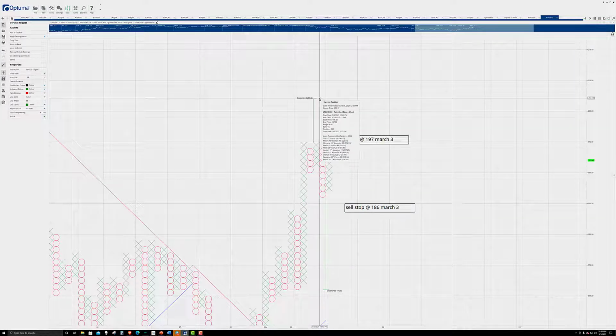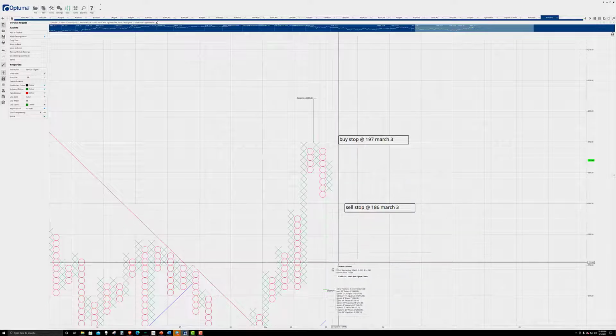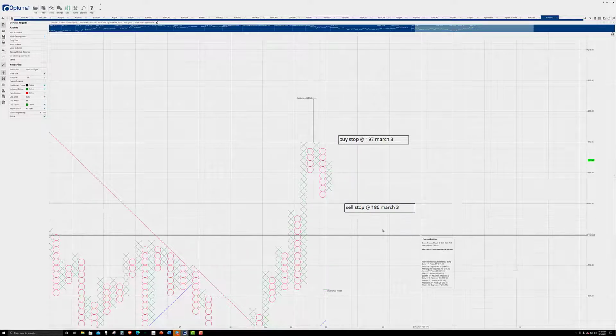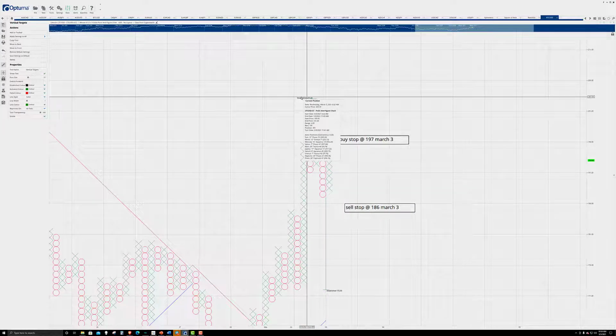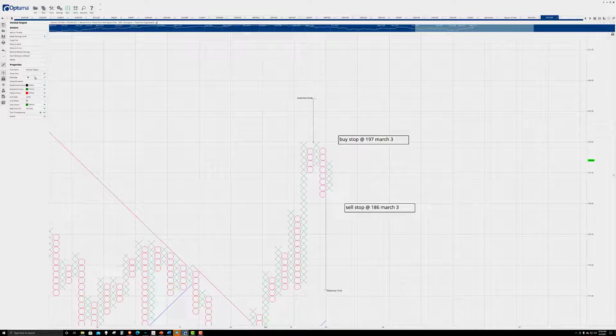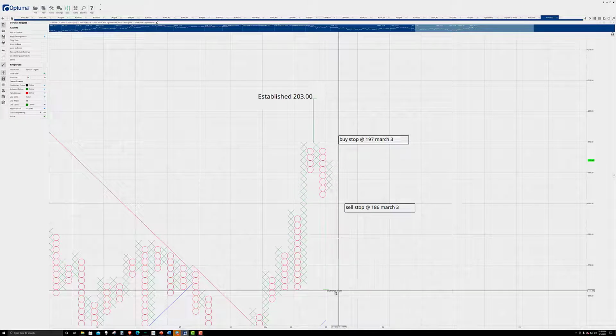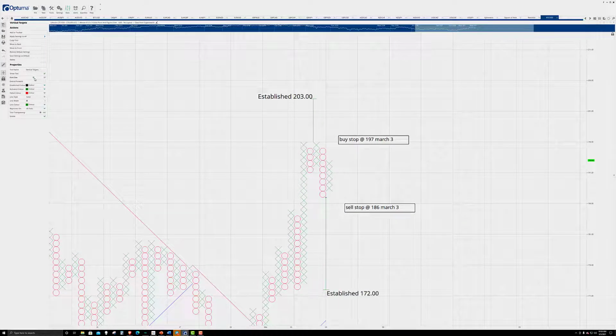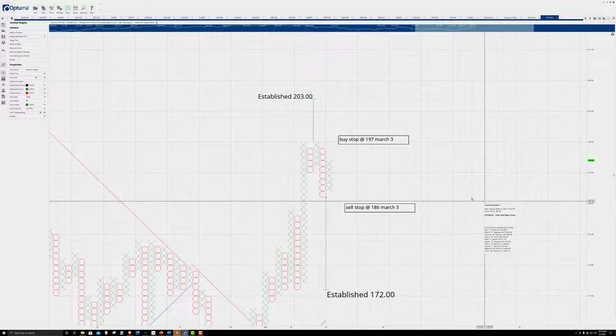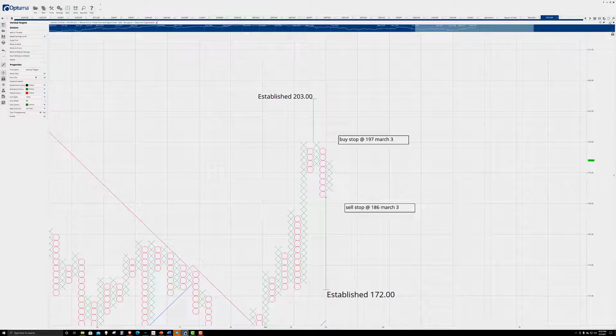We would only go to 203, but our sell stop profit target would be at 172. I wonder if there's a way to make this text bigger? Oh yeah, we can. There we go. Okay, so that's on Litecoin.